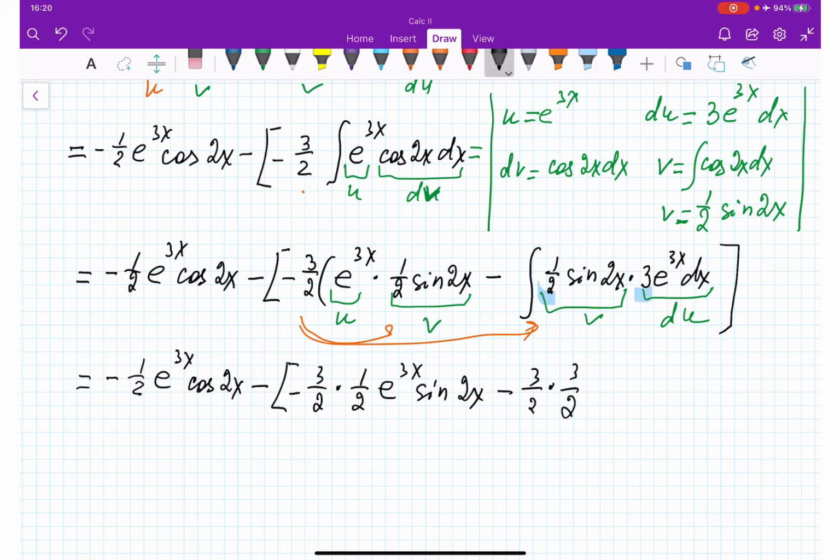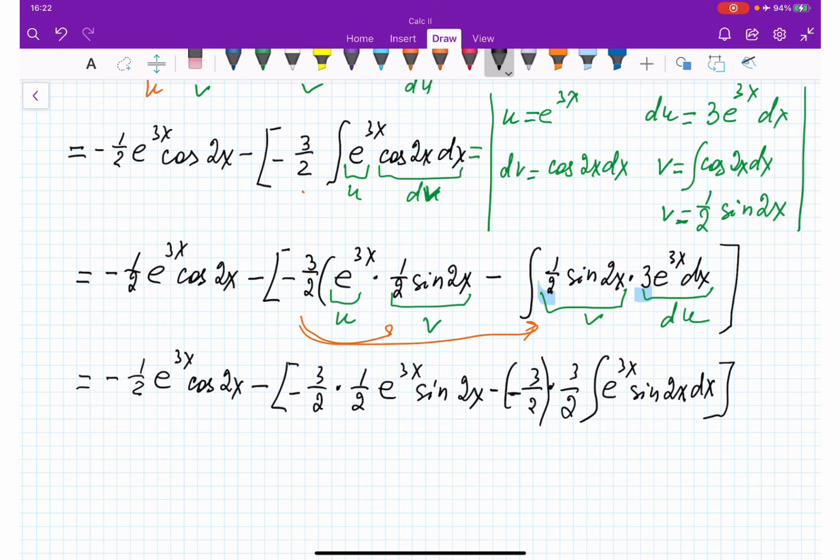And here we are getting integral e to power 3x sine 2x dx. Okay, here I see I made a mistake. I have minus and I have negative 3/2, right? Okay, because we had minus and we're distributing negative 3/2.